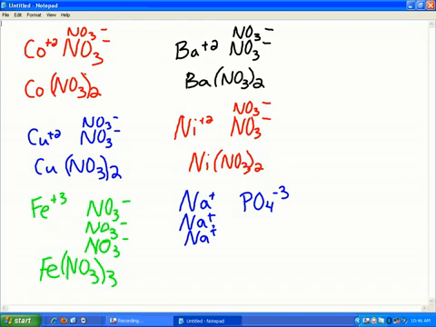So how many sodiums did I need altogether for the compound formula? I needed 3 of them. And I only needed 1 phosphate ion. So that's the compound formula for sodium phosphate. The next one was sodium iodide.